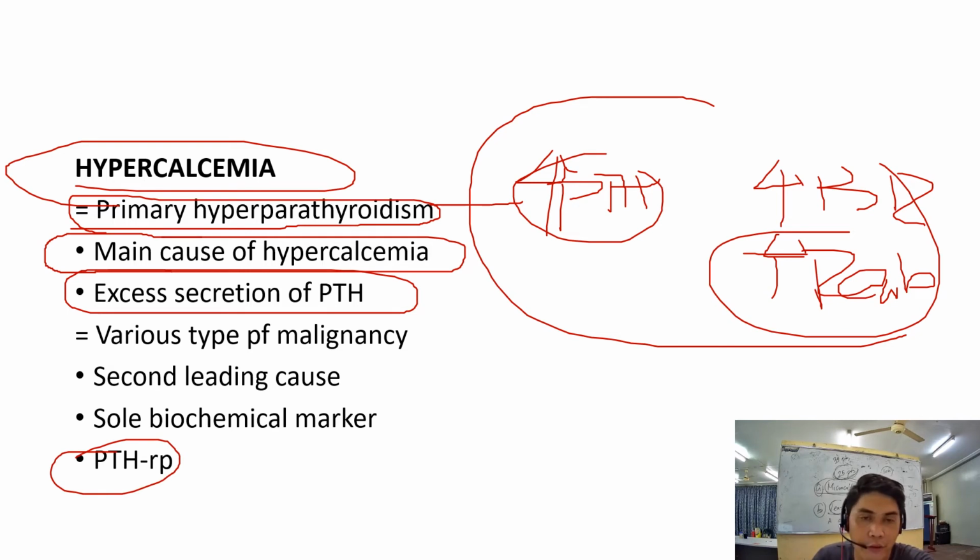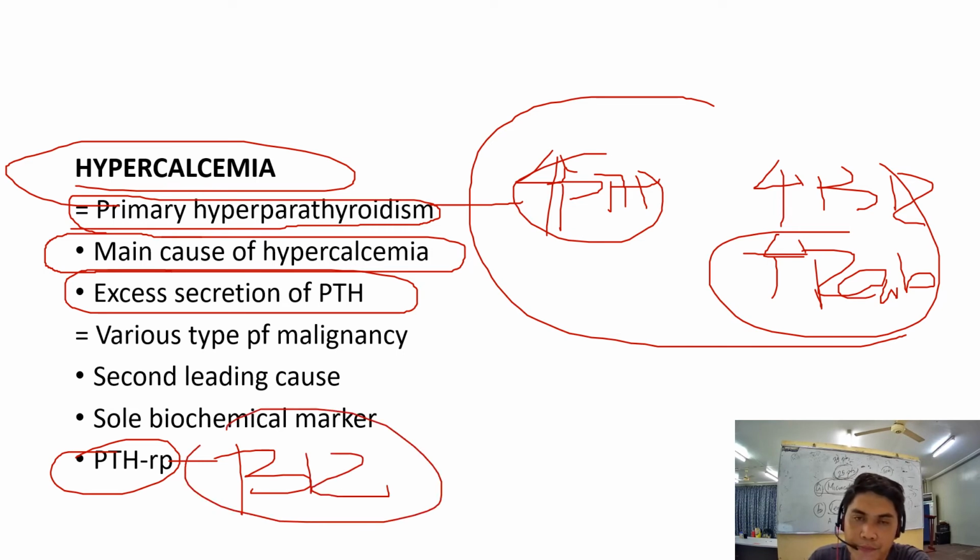It's parathyroid hormone related peptide. PTHrP is similar to PTH and it also causes bone resorption. So people with cancer have a high rate of bone resorption, meaning more calcium is transferred from bone to blood. So that's the second leading cause of hypercalcemia: malignancy or cancer.